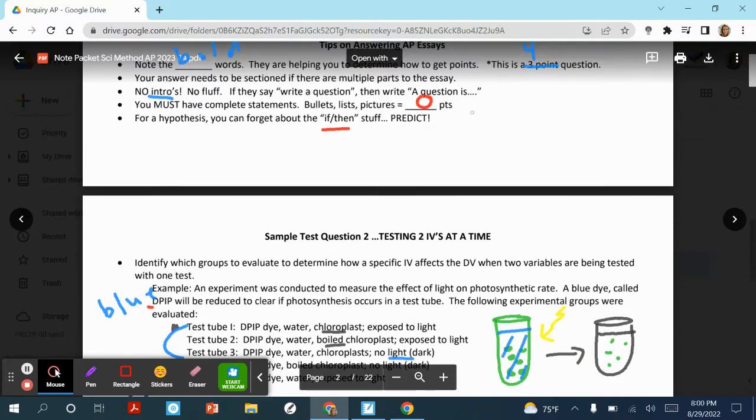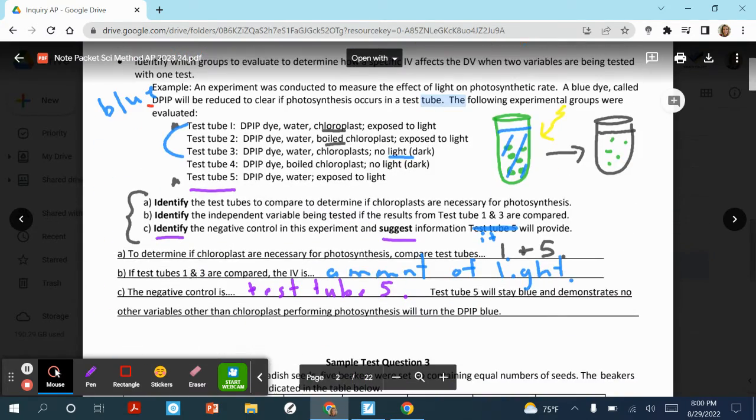So let's go down here. And I already wrote out the answer. And this is, again, to kind of save time taking notes here. So let's think about this. We know test tube 5 is going to stay blue. What that tells the researcher is that any change in color that does happen in the other test tubes is because of photosynthesis occurring.